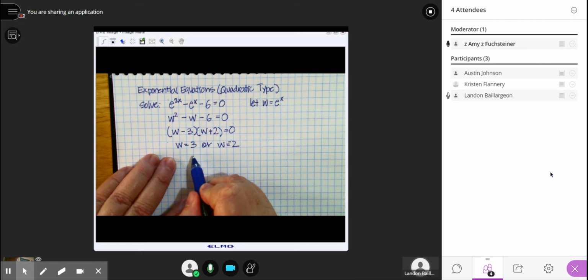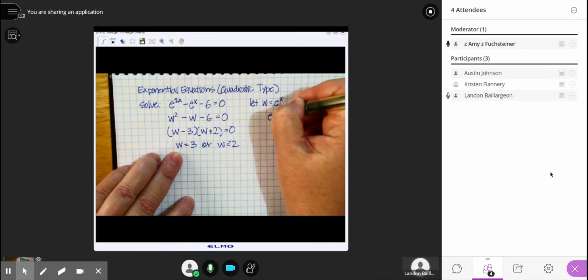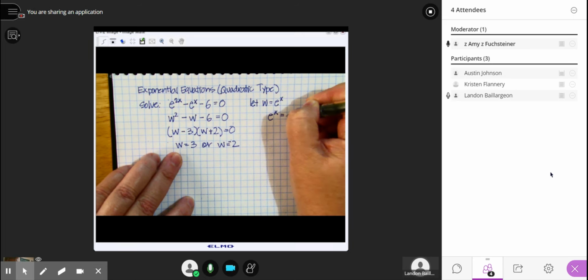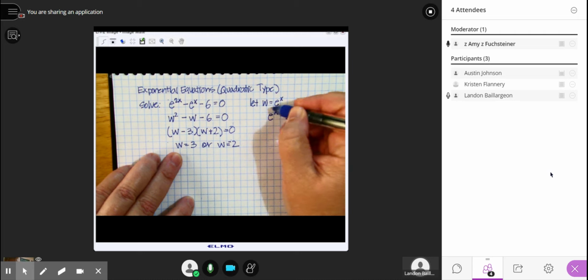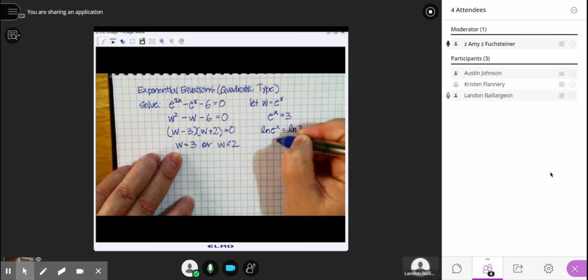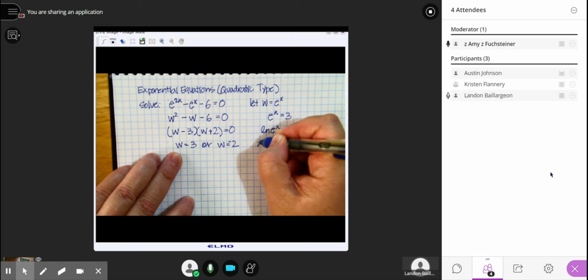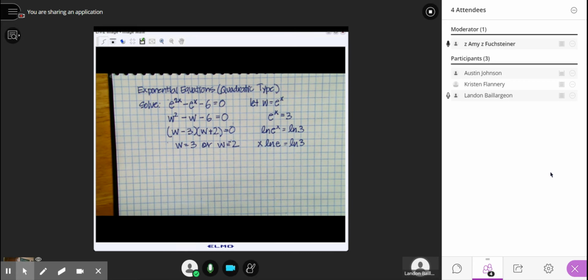Once I know what the w's are, then I can substitute back. So e to the x has to equal 3. And ln of e to the x is the ln of 3. The x comes out front. Ln e, as we said earlier, is just 1.